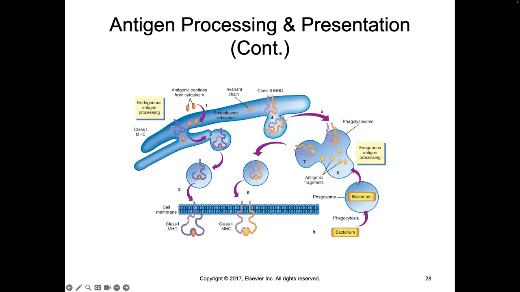With exogenous, what happens is that we phagocytize the bacteria, we bust it up with a phagolysosome, and we take fragments of that and present it with a class 2. Okay. Class 2 MHC on its surface, all right, from an antigen presenting cell is a way to alert the lymphocytes that recognize that to persist, divide, and grow and make a clone army.